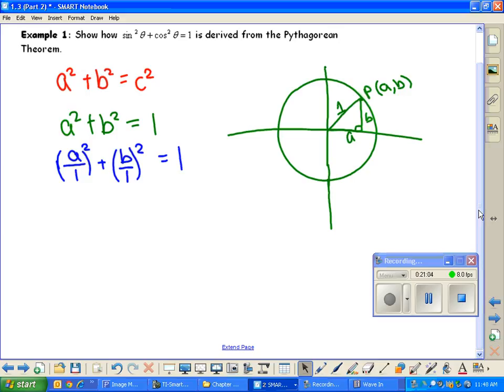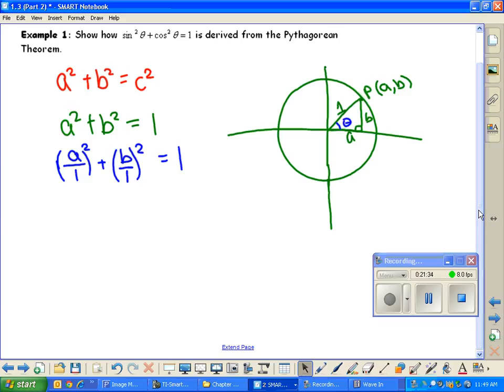Everyone freeze. We need to somehow get sine and cosine into this because we have a's and b's, we have 1's. How do we get sine and cosine involved? Do we see maybe this kind of looks like a trig ratio answer? What is a over 1 according to our triangle here? So if this is theta, right?